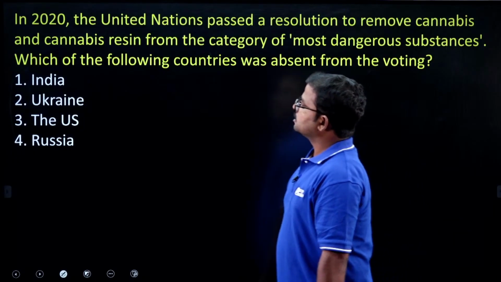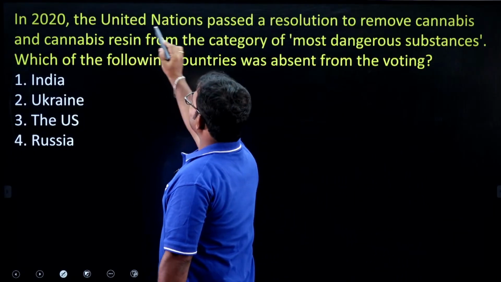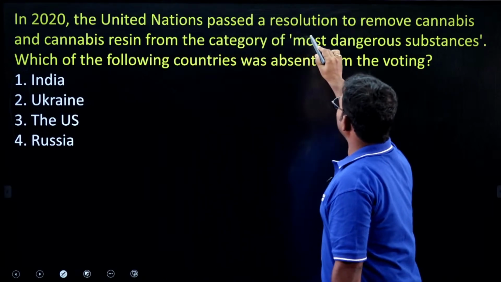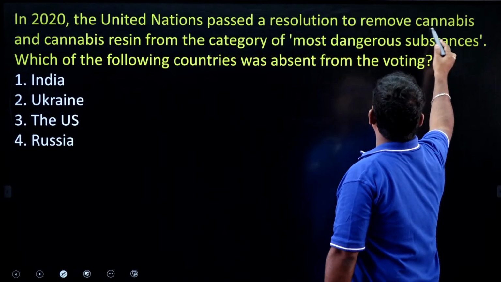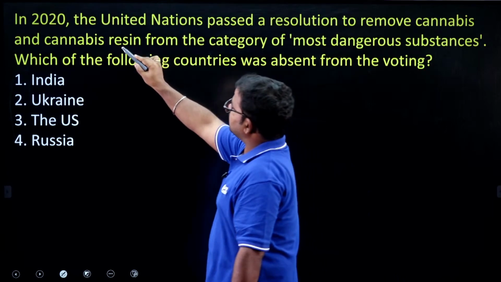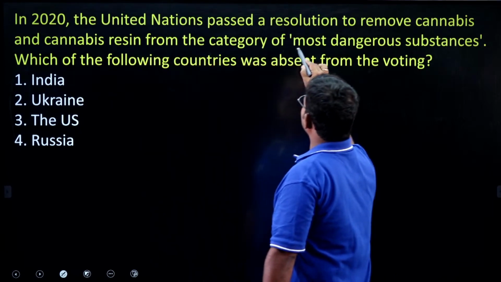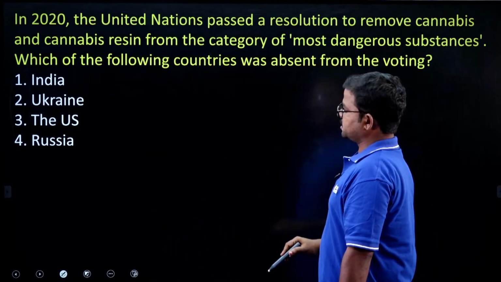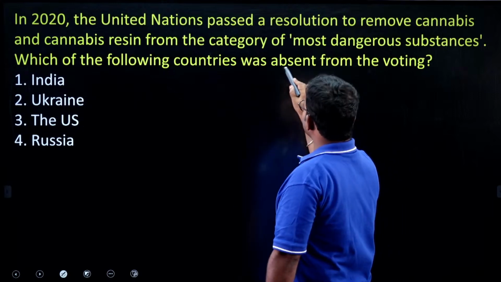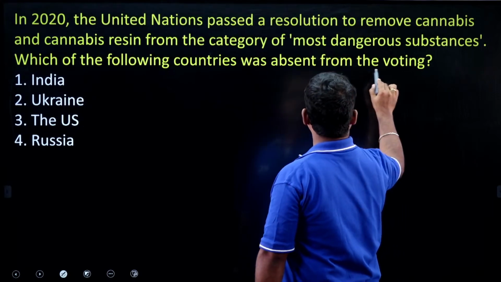In the year 2020, the United Nations passed a resolution to remove cannabis and cannabis resin from the category of most dangerous substances. Which of the following countries was absent from the voting?